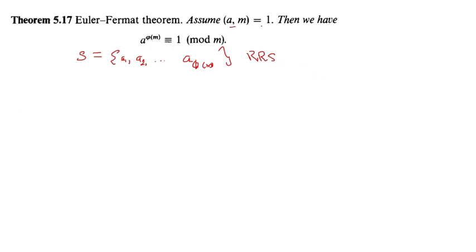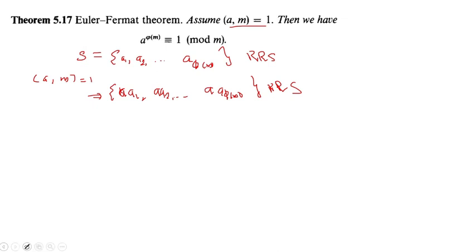Given that GCD of a and m is 1, we can use the previous theorem to say that aa1, aa2, etc., aa phi of m is also a reduced residue system modulo m.